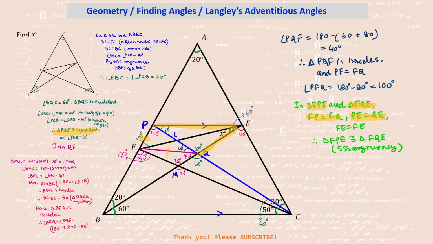So PE is equal to QE, and this bit is equal to this. Hence, triangle FPE is congruent to FQE.